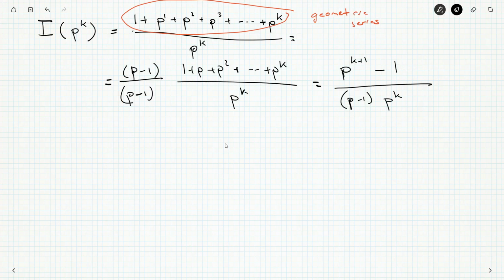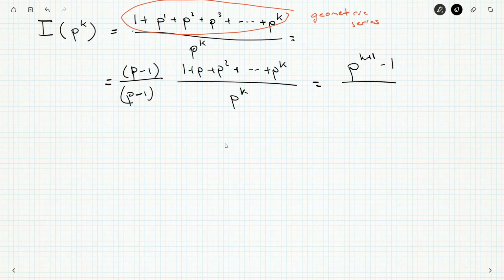Okay. Where can we go from here? I want to write that a little nicer. So I want to show that this is... So I agree with this. I suppose I could bring the p to the k in like that.